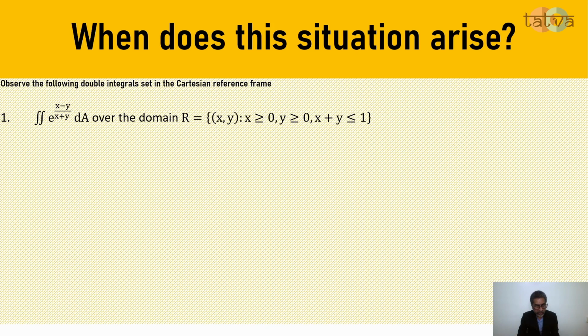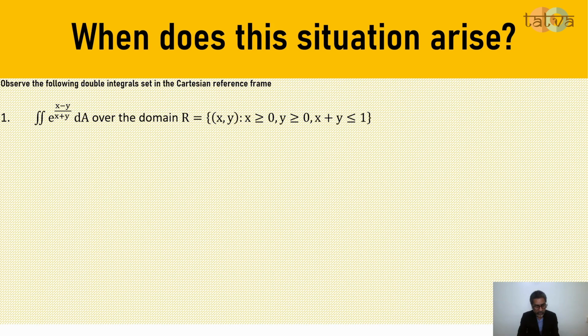So this region, for those students who have basics of straight line geometry, is a right triangle in the first quadrant. So the region is simple, but the function is a bit unfriendly. So this can be a reason why we think of changing the variables.